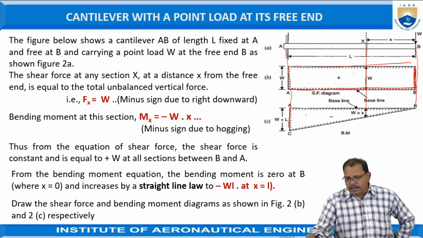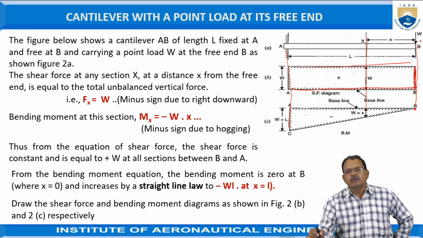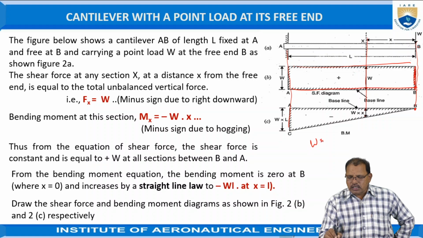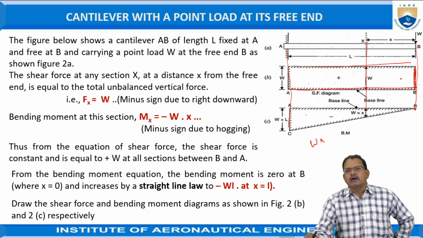Similarly, bending moment is the moment created by the force at a given point. At position B, since it is a free end, the bending moment is equal to 0. At position x, the bending moment is equal to force into distance, W into x. The beam has a hanging effect, so according to the earlier convention it is treated as negative.